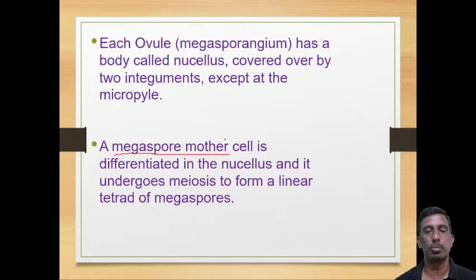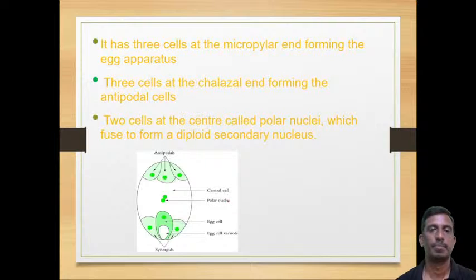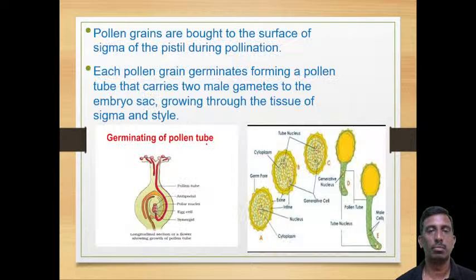Only one megaspore will develop into it. This is embryo sac, which is called female gametophyte, which has antipodals, polar nuclei, central cell, synergids. So this is the structure of female gametophyte, the embryo sac, which is produced inside the ovule.